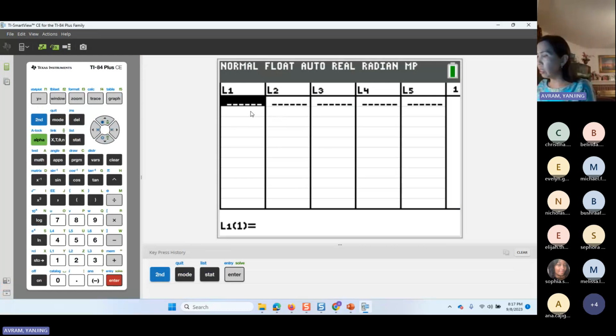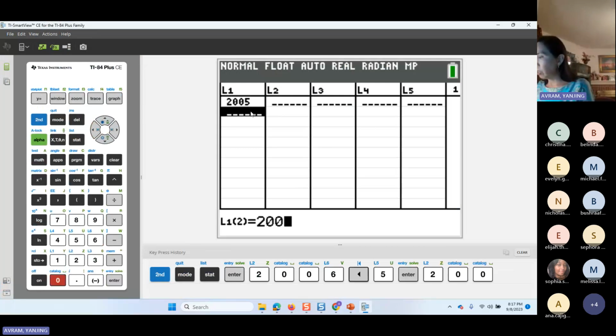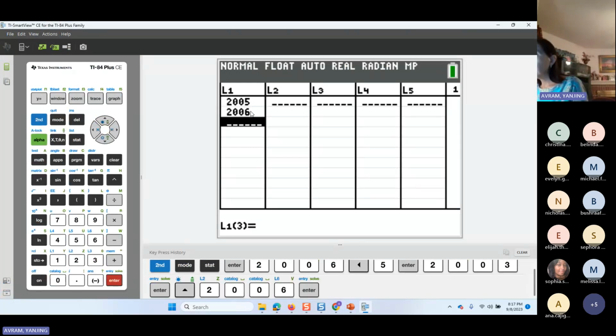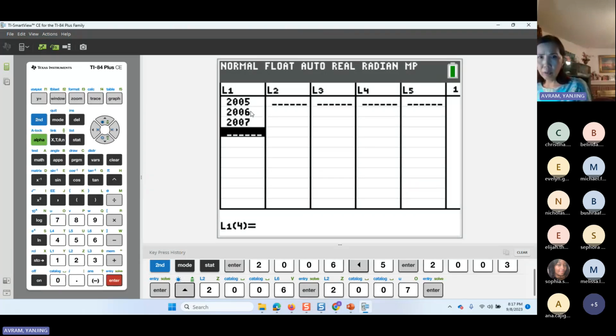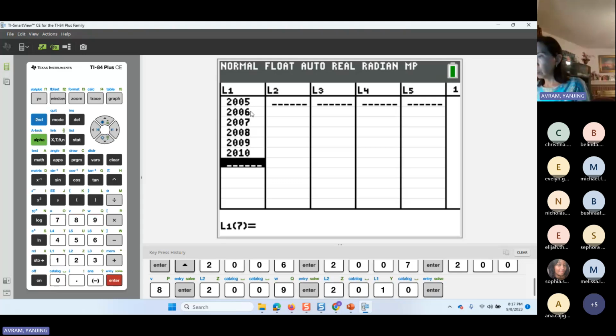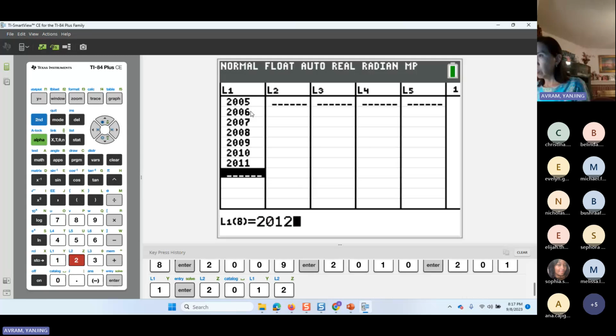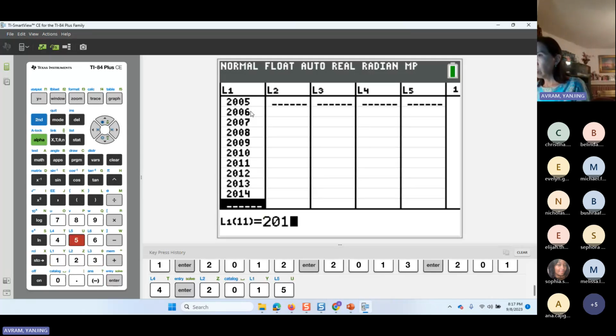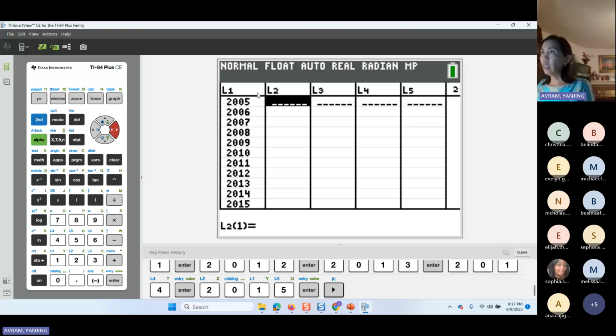My X here starts from 2005, and then 2006, and then 07 all the way to 2015. Okay, so that is my X. And then I need to input the Y values.